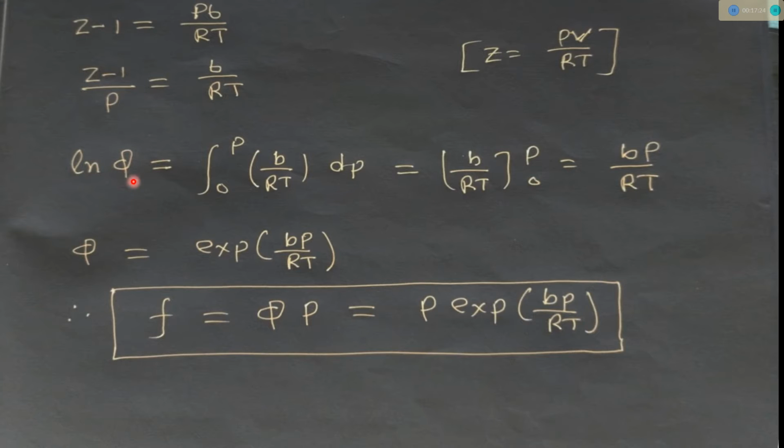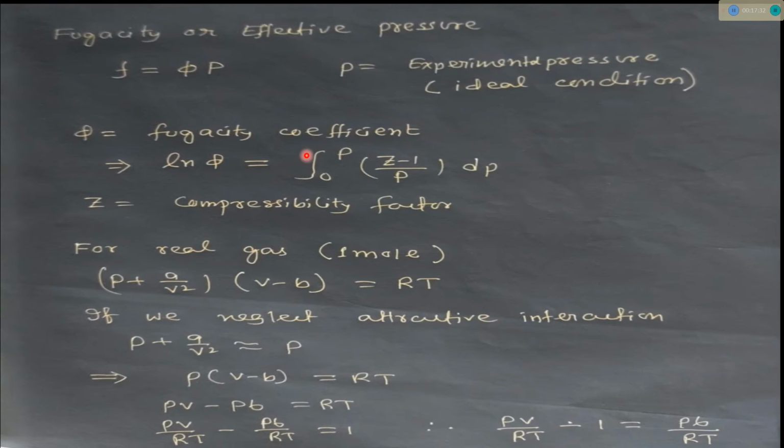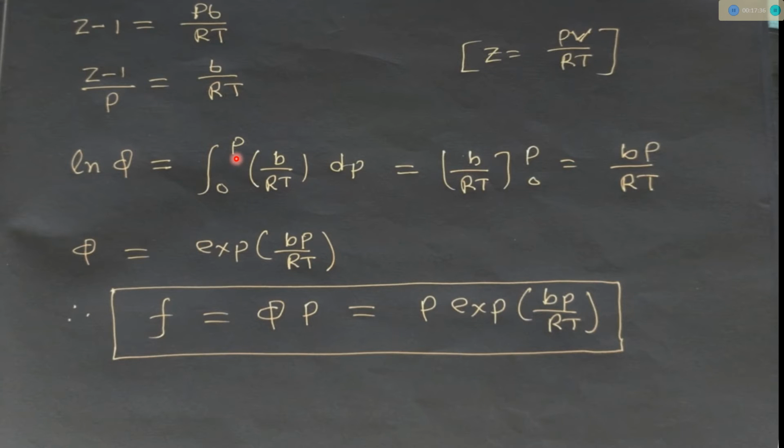So now in the fugacity coefficient relation, in place of Z minus 1 upon P in the integration from 0 to P, dP, we put B upon RT into dP. Now B, R, T are all constant, so ln phi, the value of this integration, becomes BP upon RT.